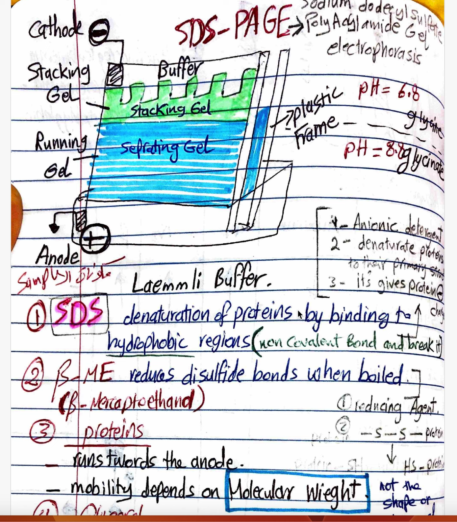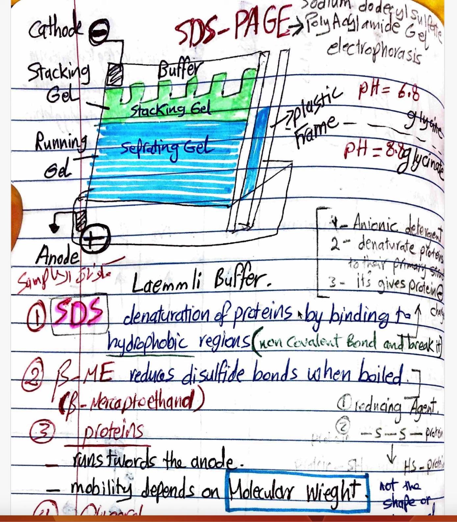So we can say it is a unique detergent that carries a negative charge, and because of this it causes denaturation of the protein and gives the protein a negative charge. And again, beta mercaptoethanol breaks down the disulfide bonds in the protein, which cannot be done by the SDS.